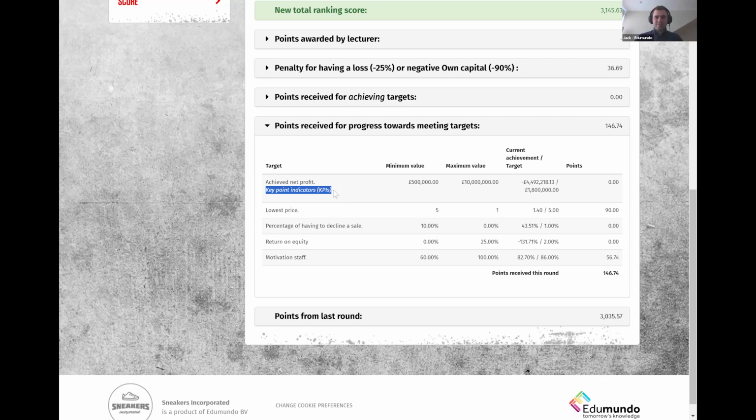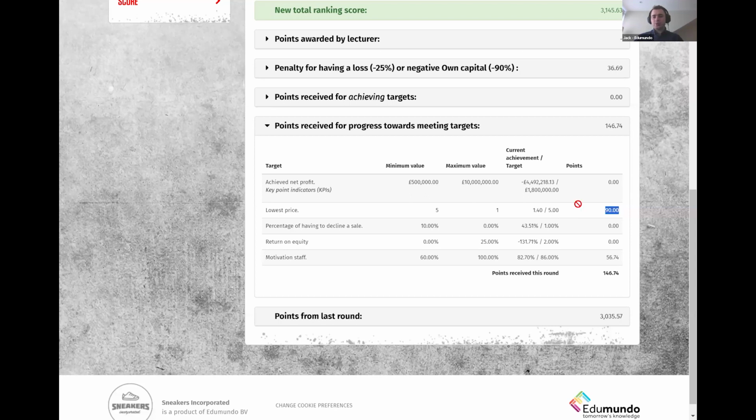So let's say the KPI, instead of being on the achieved net profit target, was instead on the lowest price target, we could have scored an extra 460-ish points, around about. We could have scored that many more points for this one target alone if it had been selected as lowest price.